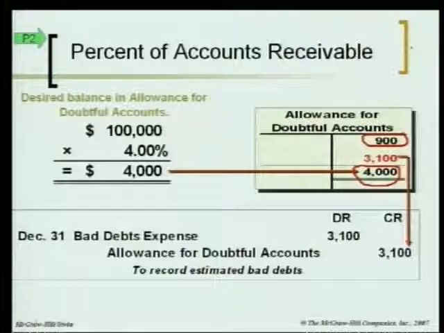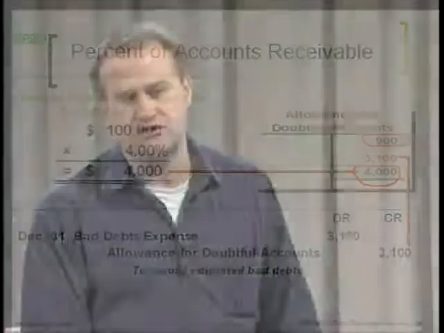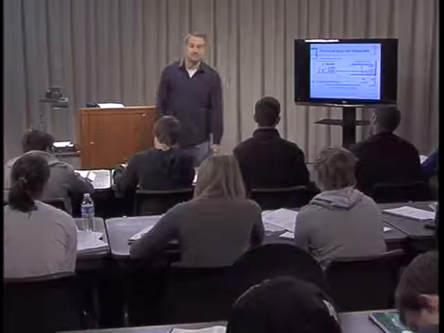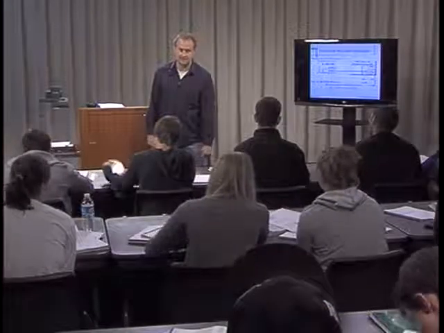Okay? Now, it's a great question. I can't fully answer it today, but you're going to see the different ways that the allowance for doubtful accounts can be debited or credited. Probably get to that next period. But suffice it to say, Keeper, this could have a beginning debit balance.